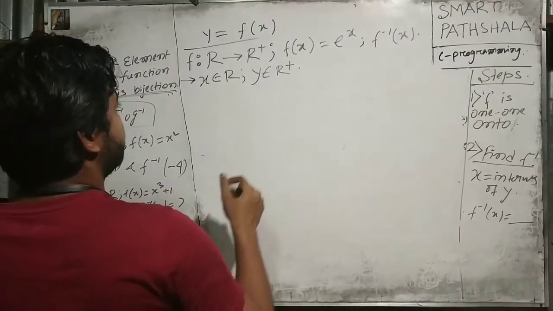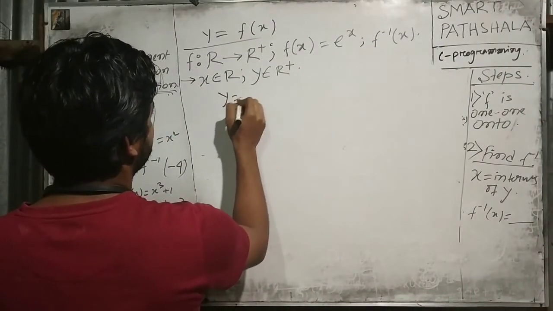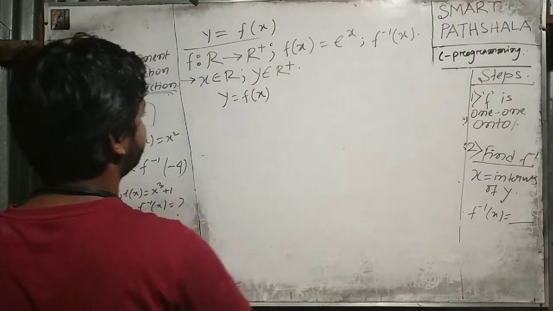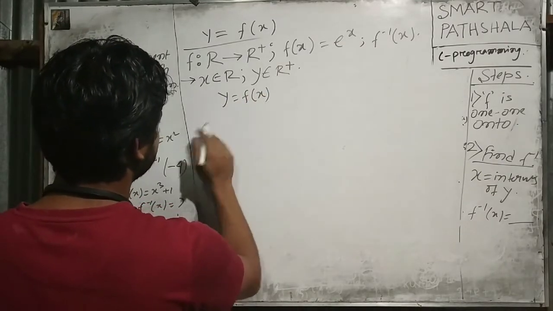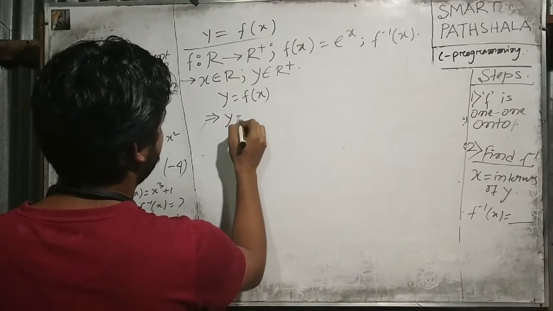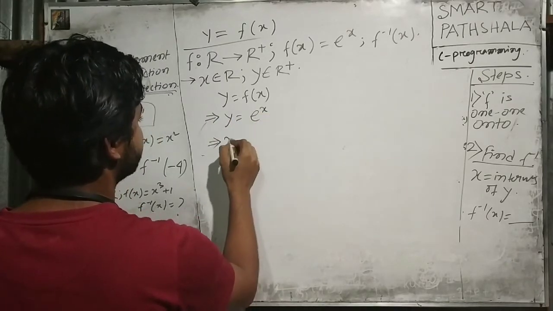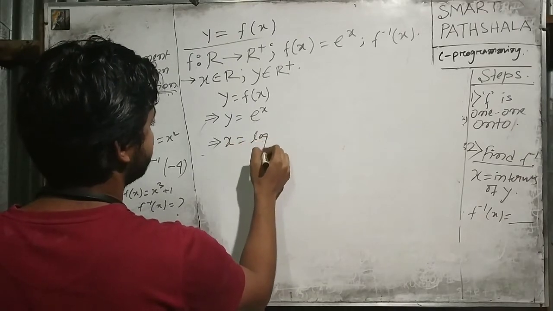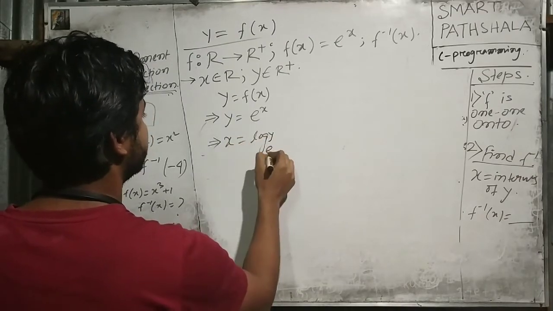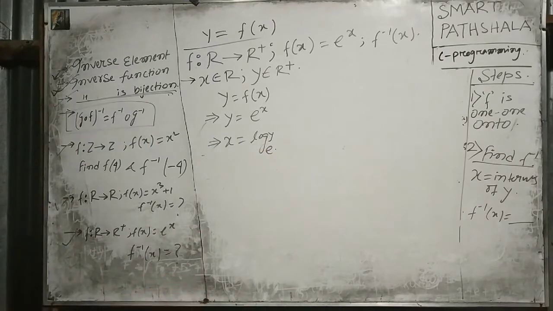Now we have y is equal to f of x, which gives y is equal to e to the power x. Now if we write x in terms of y, then it will be log y to the base e, right?